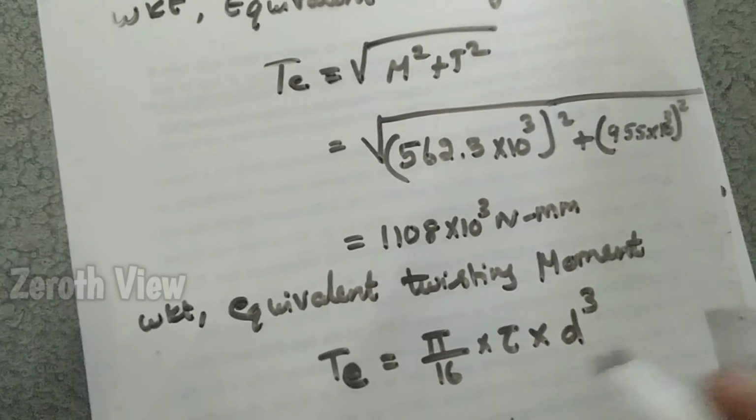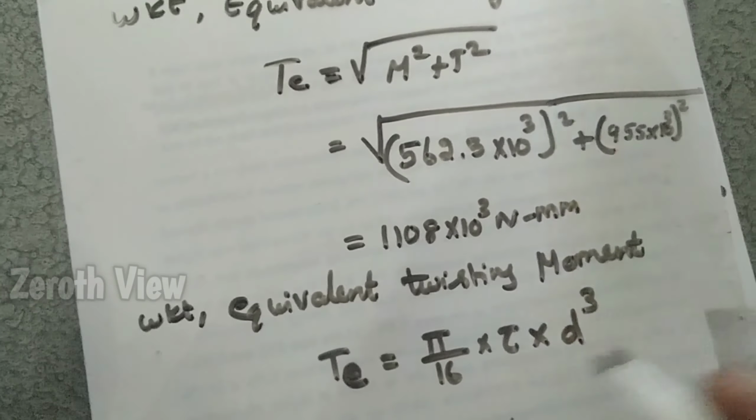We know this value of Te, so apply here 1108 into 10 to the power of 3 equals pi by 16 into tau, whose value is given as 42, into d cube. So you keep d cube on the left hand side and move the other values to the right hand side.